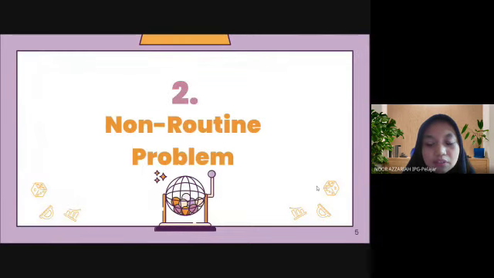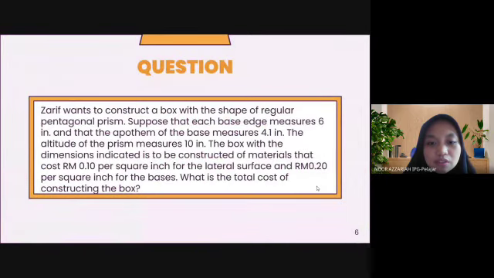Next, non-routine problem. So this is an example of a non-routine problem that I chose. Zarif wants to construct a box with the shape of a regular pentagonal prism. Suppose that each base edge measures 6 inches and that the apothem of the base measures 4.1 inches.